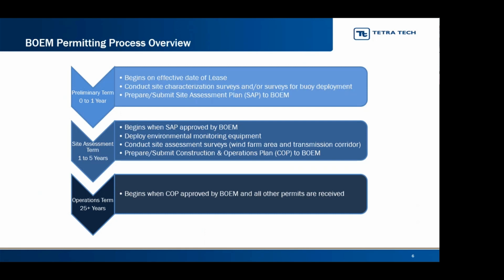So this is just saying, we're going to go out and do the actual on the ground surveys or on the water surveys for the planning. And that's up to a year. And then when that's approved by BOEM, we move into the construction and operations planning stage. And that stage alone can take 1 to 5 years. And then again, there are actual field surveys going on for that. And then once the COP is approved, you can move into the actual building and construction and the operations term.